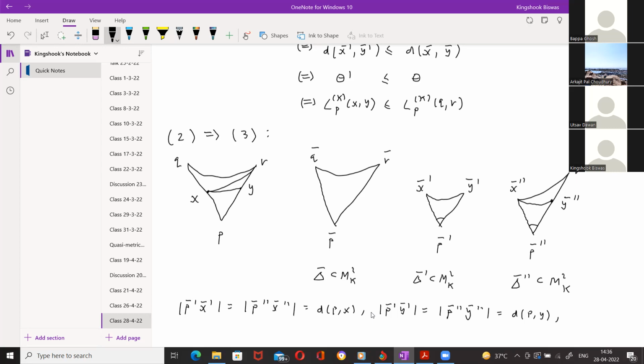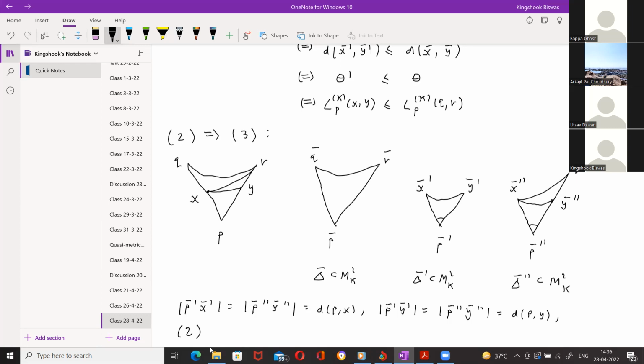But now I can use my hypothesis 2. This triangle here is a comparison triangle, this delta bar double prime, and I'm taking a vertex, X bar double prime, and I'm taking a point on the opposite side, Y bar double prime.